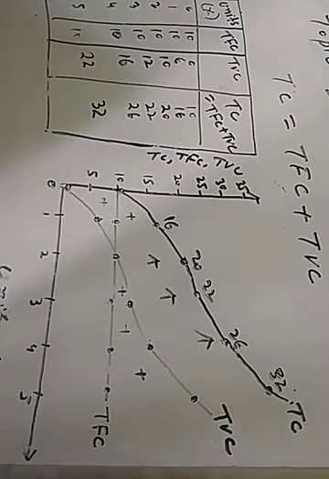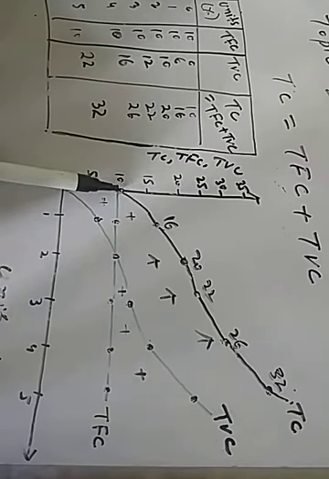I hope you have understood how to draw the total cost curve from the total fixed cost curve and total variable cost curve. And there are some important points. This total variable cost curve starts from the origin, showing that when there is zero level of output, there is no use of variable factors such as labor and quantity of raw material. When they are not used, when zero units of output are produced, there is no cost of labor, no cost of raw material, therefore there will be zero total variable cost.